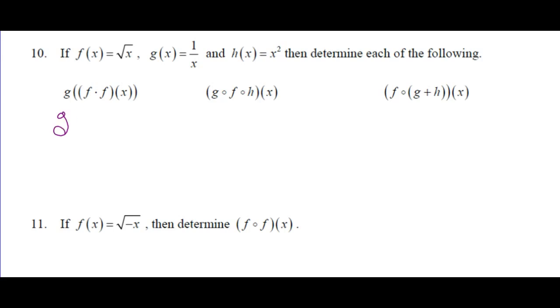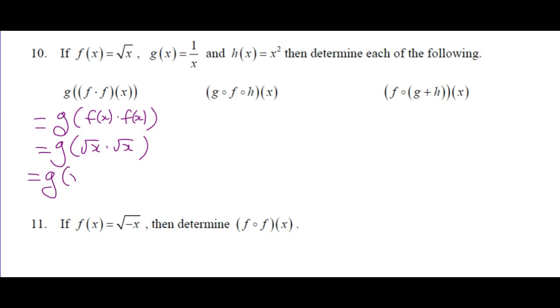So this is g of f of x times f of x, which is g of root x times root x, which is g of x, which is 1 over x. And what's the domain on this? So the first thing we're doing is rooting the x, so x has to be greater than or equal to 0.